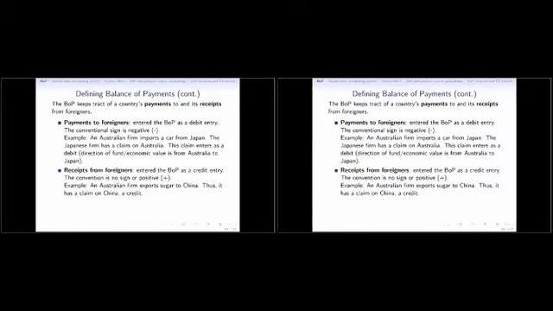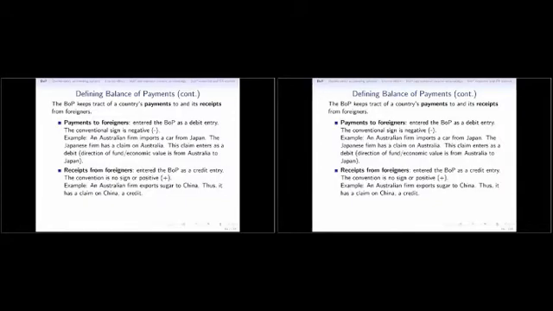All right. And this is an example. Australian firm exports sugar products to China. It has a claim on China, technically. And that export activity means a credit. Okay? It is a value generation. It is an addition to Australian GDP. Right? It is the direction of values from China to Australia.